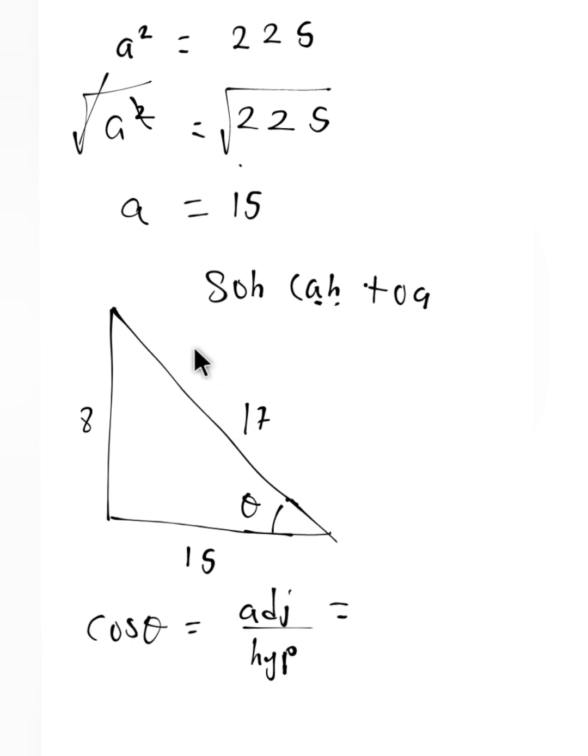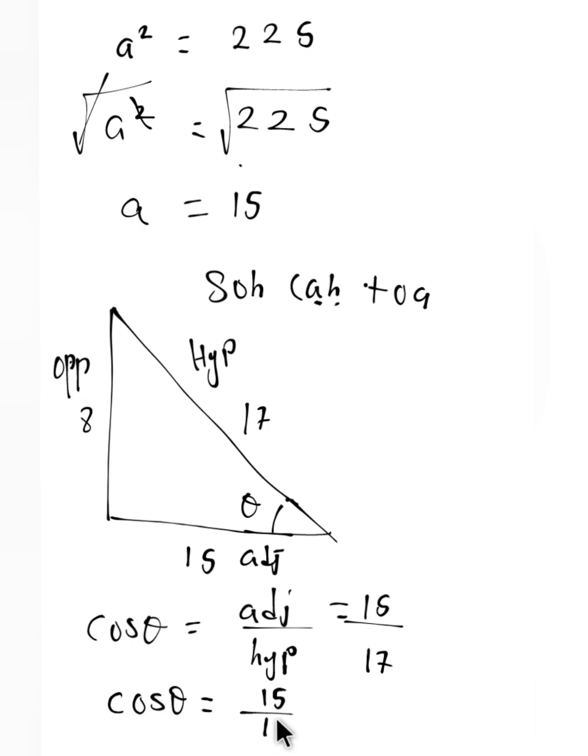Let's label it. This is the hypotenuse, the longest side. This is the opposite, the part that is in the opposite direction to the angle, and this is the adjacent. So adjacent is 15 over hypotenuse is 17. Therefore cos theta is equal to 15 over 17. We are going to find tan theta.